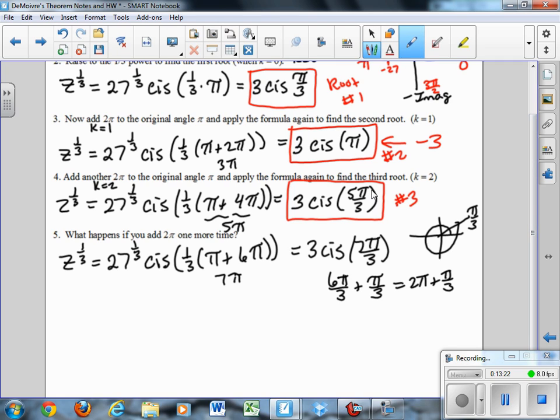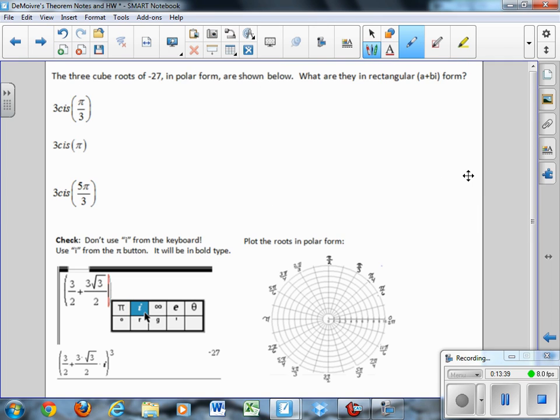Now, what we're going to do next is to put all of these into rectangular form and then do some checking on the calculator to see how this works. So far we have 1 root we're familiar with and 2 roots that we're not familiar with. So let's see what they look like in rectangular or a plus bi form. Let's recall what cis means. Cis means cosine plus i sine.